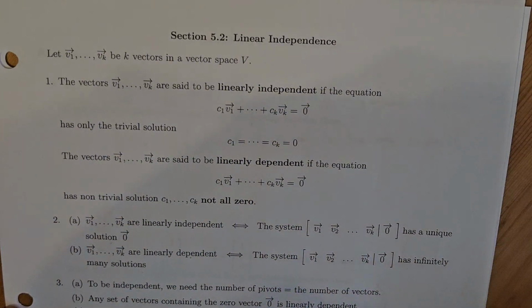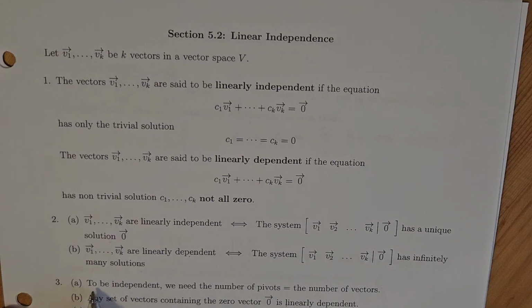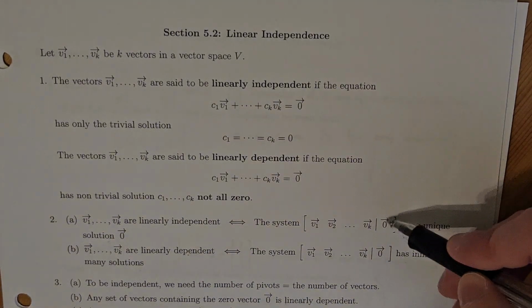And of course, we never have no solutions because the trivial solution, 0, is always a solution to this system. But we also noticed here that to be independent, that means exactly that we need the number of pivots in this system up here to equal the number of vectors, right? Which is the number of columns in our system. Okay, not including the augmented part.